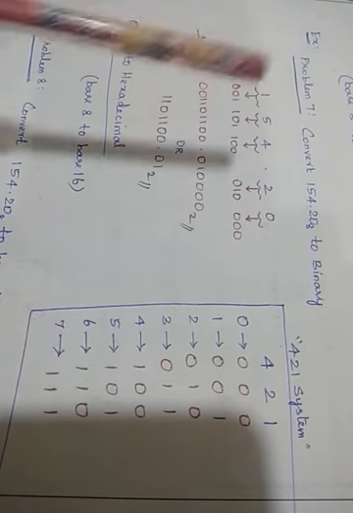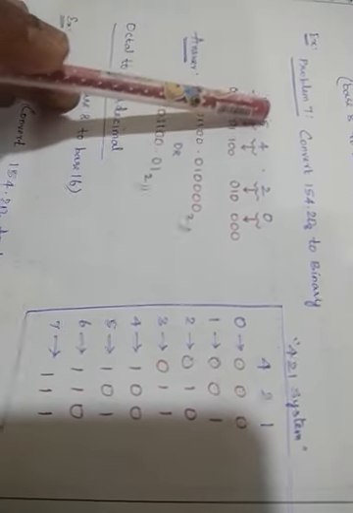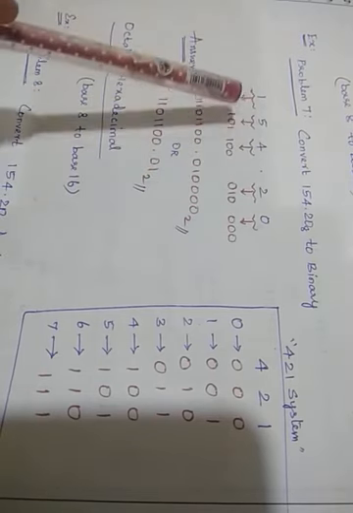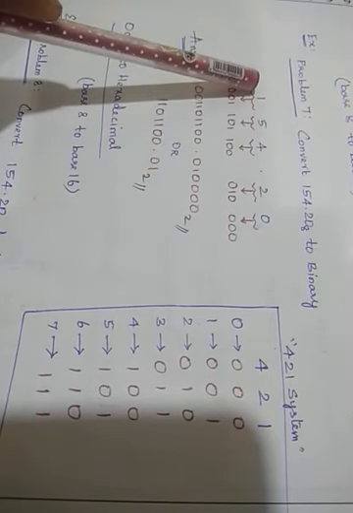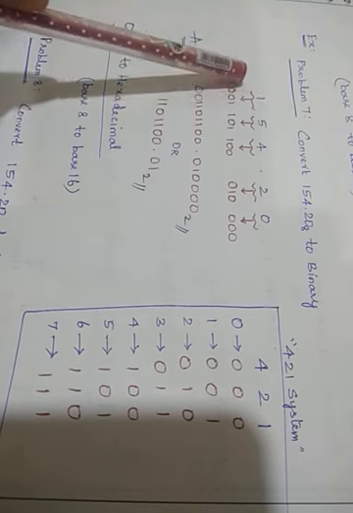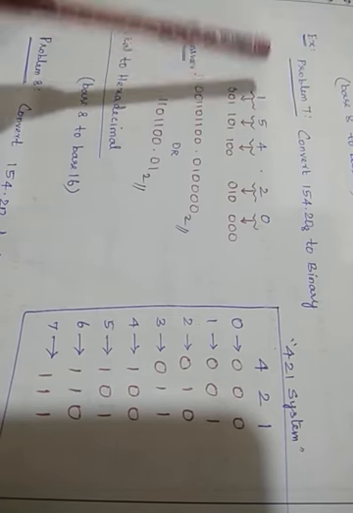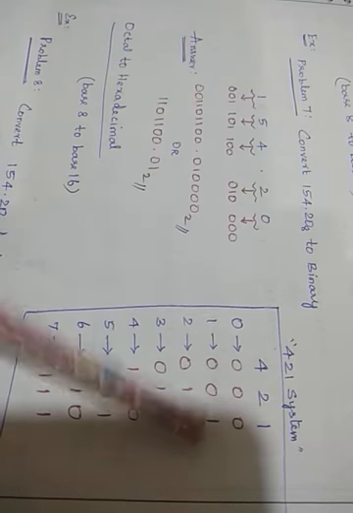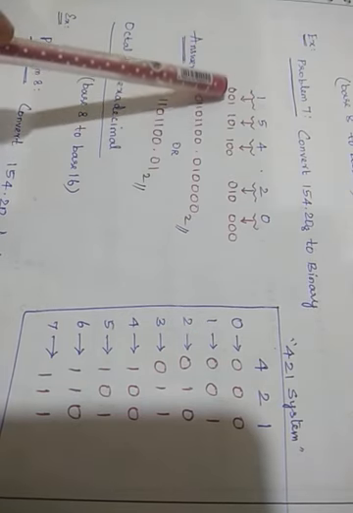So this system we have to use here. See, what is the given value? 154.20, right? This is the octal number. Now I need to get the binary value for this octal number. 1 means 001. So put here 001.